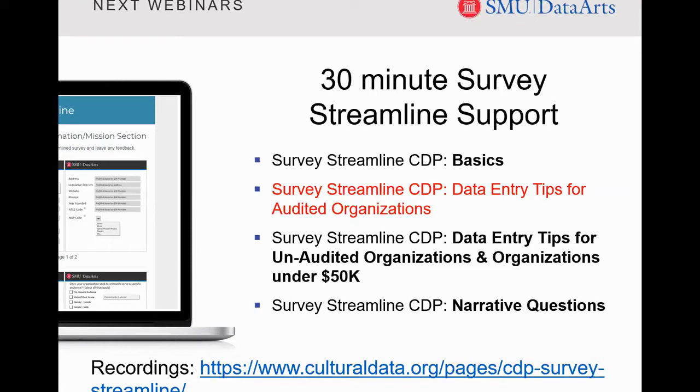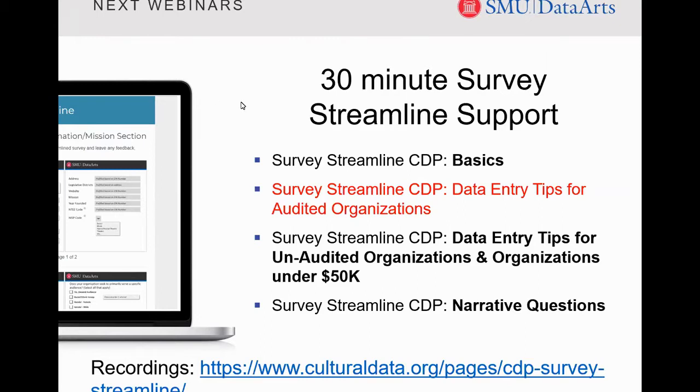We also have 2 more webinars coming up: data entry tips for unaudited organizations and organizations with under $50,000 in expenses, and a final session dedicated to the new narrative sections in the CDP. Each webinar will be recorded for you to review, and those recordings are available at the link you see on this slide.